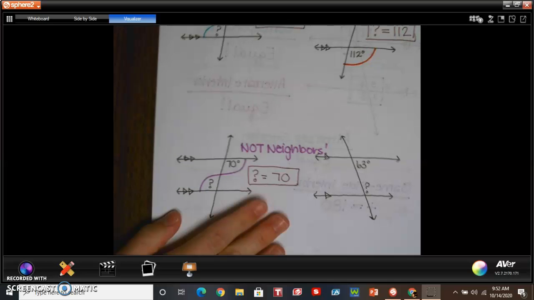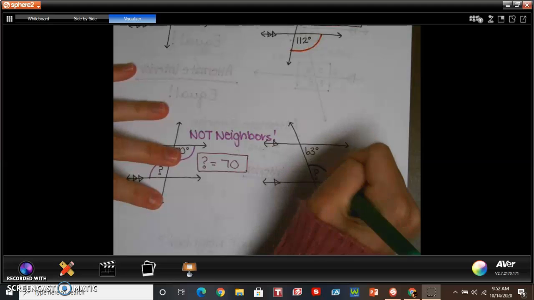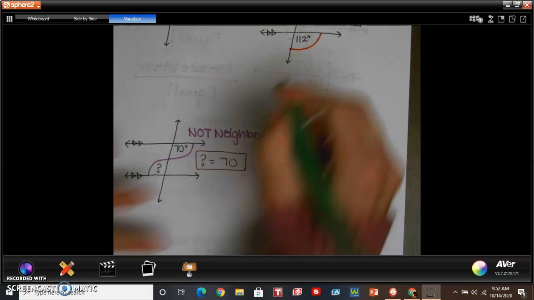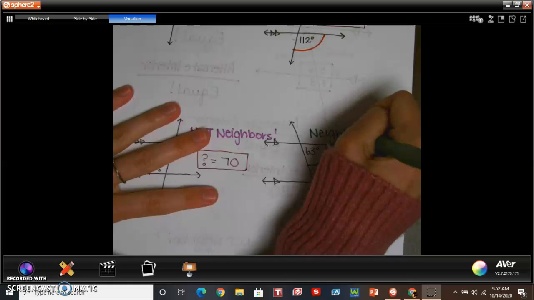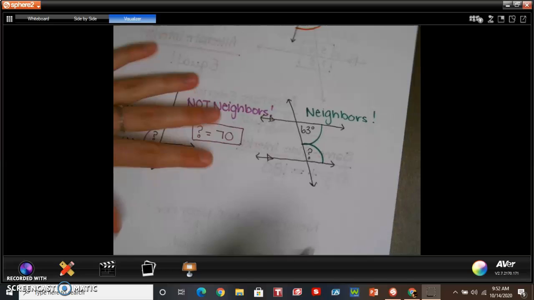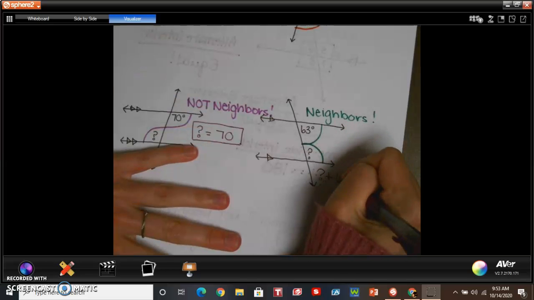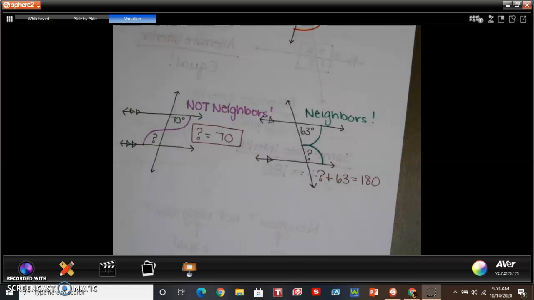And let's look at this last one here. Here's what we want to know, and here's what we know. So, are they neighbors or not neighbors? Well, they're right next door to each other, so they are neighbors. And remember, when we're neighbors, we add to equal 180. So we would say, okay, this time, question mark plus 63 equals 180. And then how do we solve for our unknown question mark?